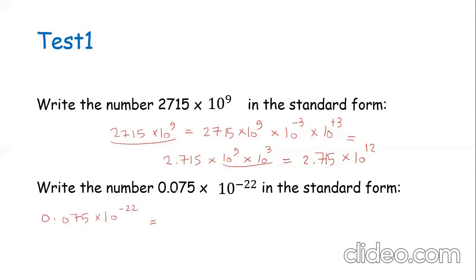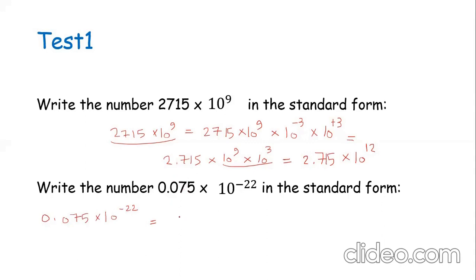Here we have to multiply by 100, or by 10 to the power of 2, in order to move the decimal point 2 places so that only 7 will fall on the left side of the decimal point.